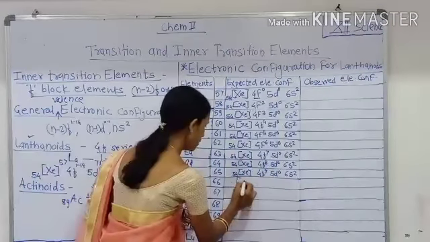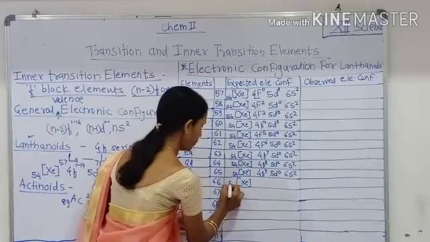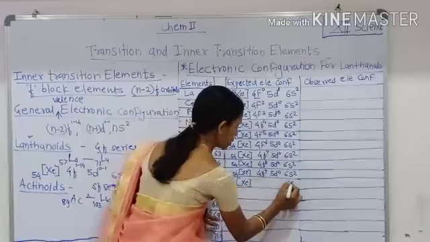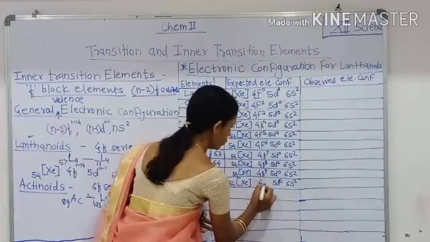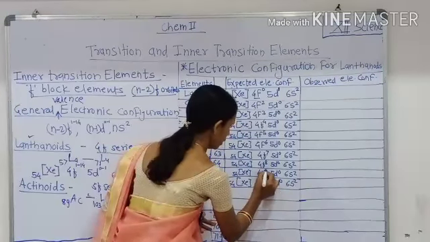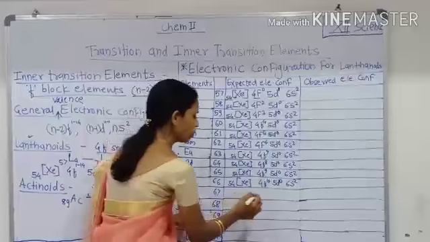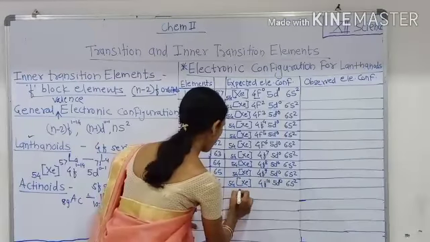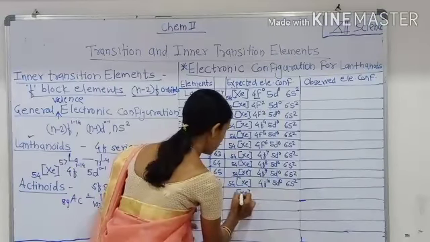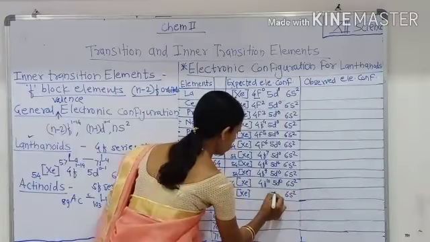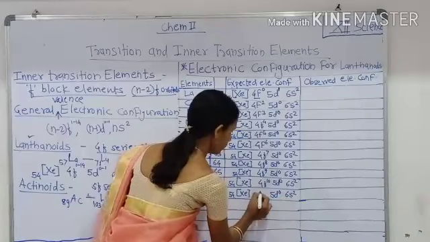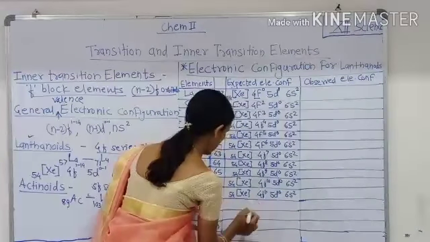Similarly, we can write the electronic configuration for dysprosium, that is xenon 54, 6s2, 5d0, 4f10. Similarly for holmium, xenon 54, 6s2, 5d0 and 4f11.